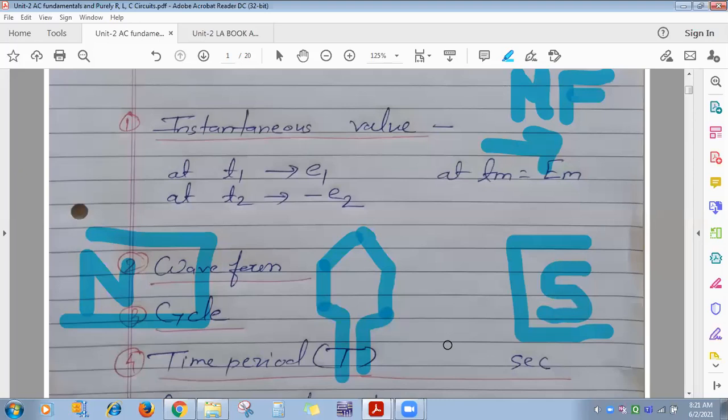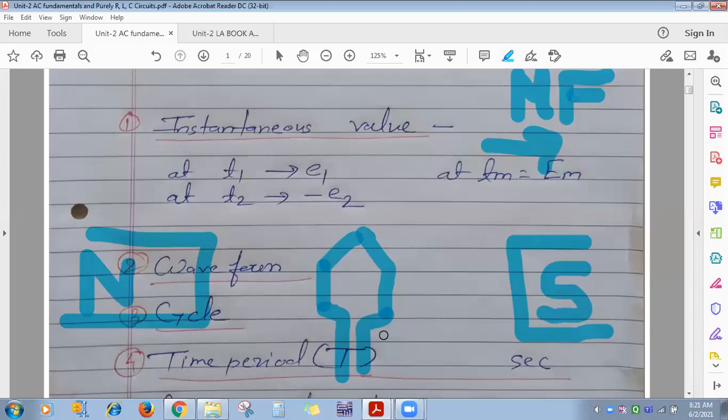First of all, EMF gets induced in that conductor, and if the circuit is closed, then current starts to flow. Faraday's law of electromagnetic induction: whenever there is a relative motion between the magnetic field and the conductor, EMF gets induced in the conductor, and if the circuit is closed, current starts to flow.